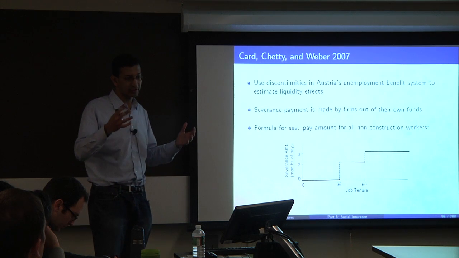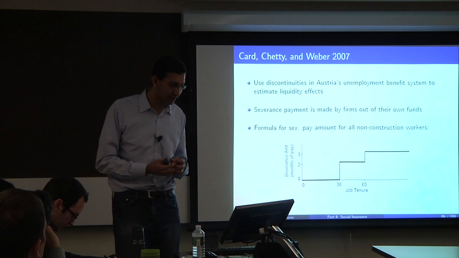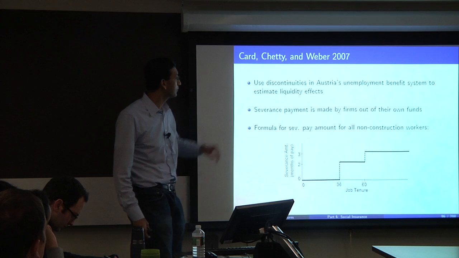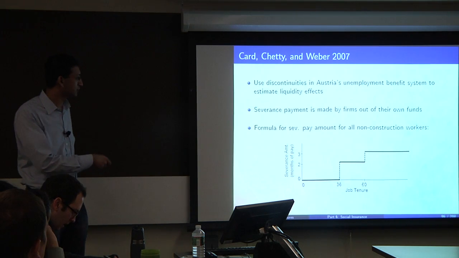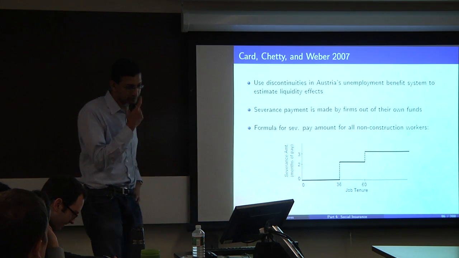And she said, well, that's exactly how it works in Austria. And she had the data on unemployment benefits in Austria. So this is the QJE paper in 2007 that basically estimates the liquidity effects much more credibly, I think.